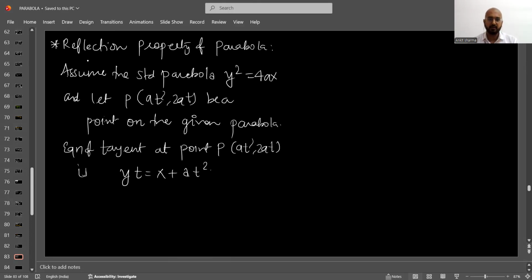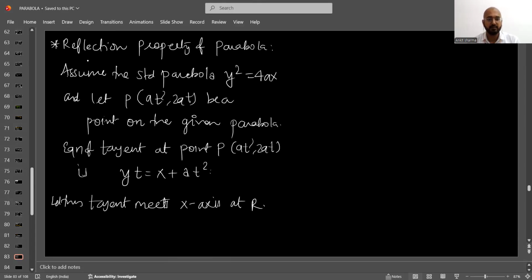That means I now have a parabola and a point on it. We have written the equation of tangent at this point P, which turns out to be this. Now this tangent meets the x-axis and y-axis, so we'll find the points of intersection.